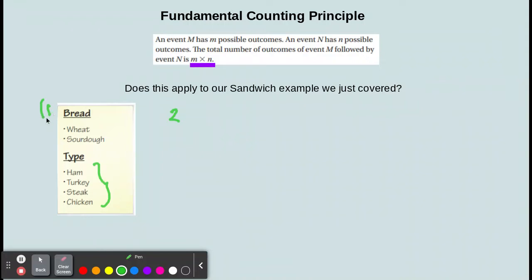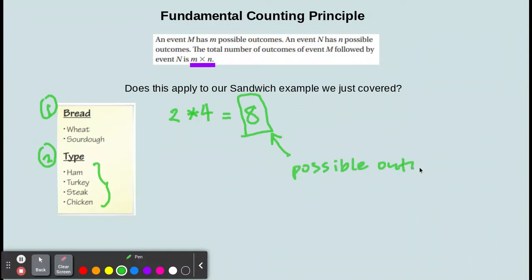Right? This is our first event. This is our second event. And how many outcomes do we have for our second event? That is 4. And we can multiply these together. 2 times 4 gives us 8, and that will be our sample space, or in other words, all our possible outcomes.